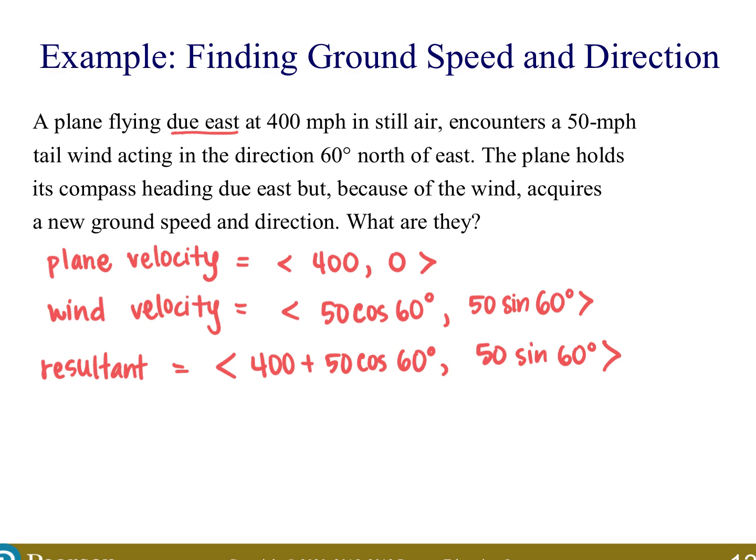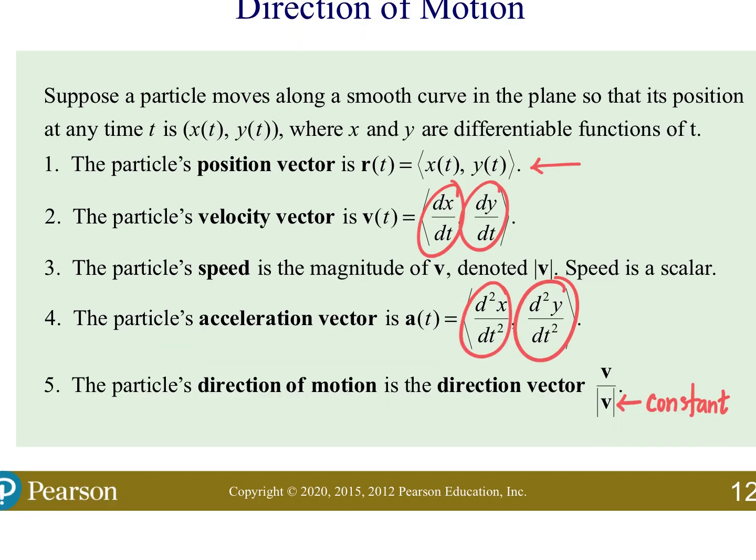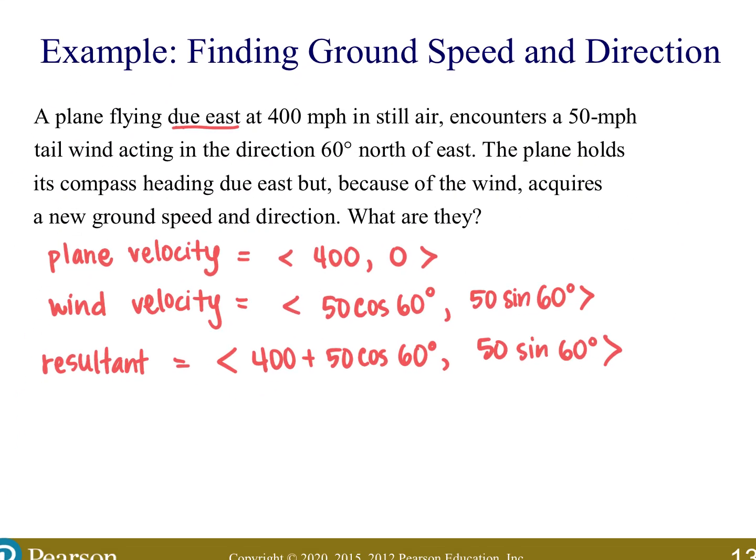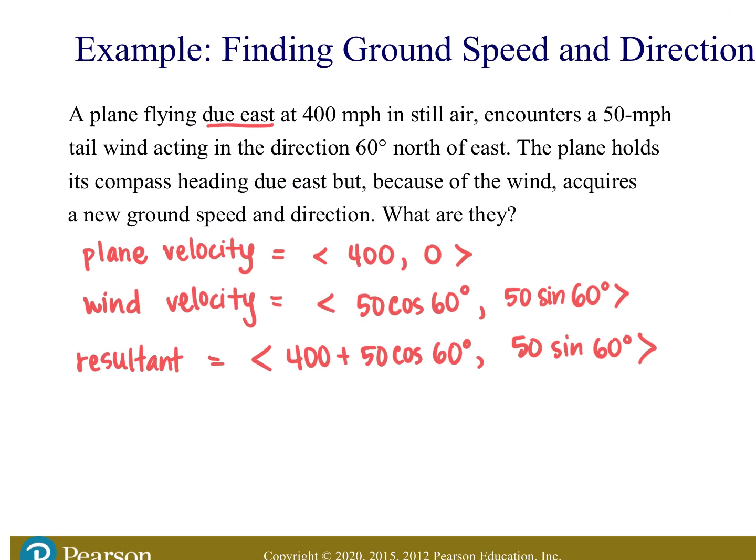To find the speed, we'll go back and check. Speed is defined here as the magnitude of the velocity. So we have the velocity vector, and now we need to find the speed. The speed should be the magnitude of the resulting velocity that we just figured out.